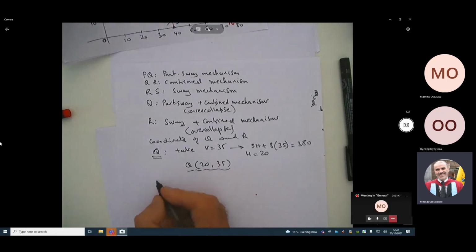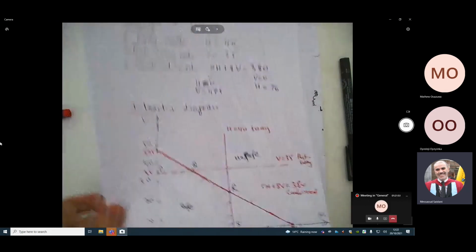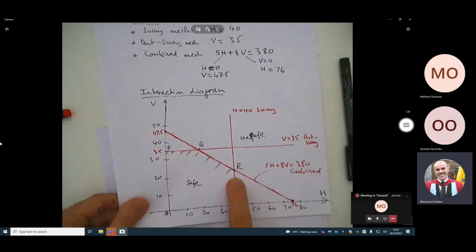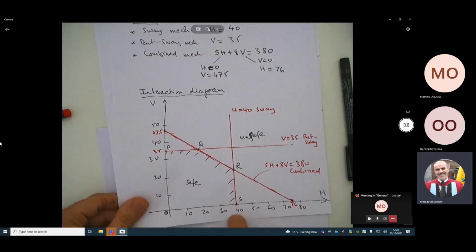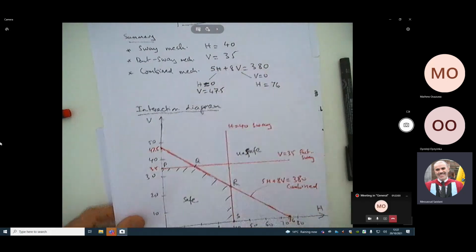Similarly, if you want the coordinates of R, you need to take the H here. So H is 40 for R. So you take H equals 40 and get V from the equation.